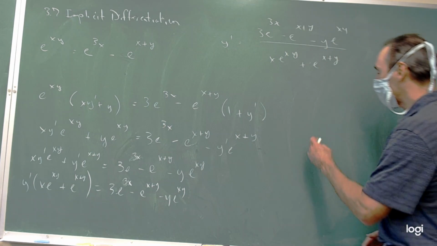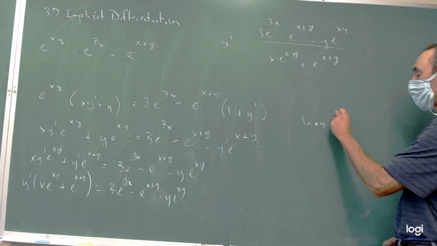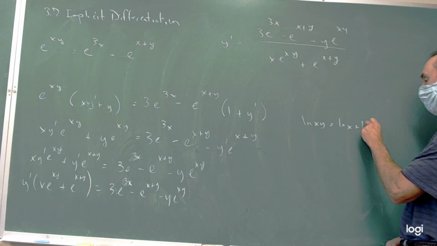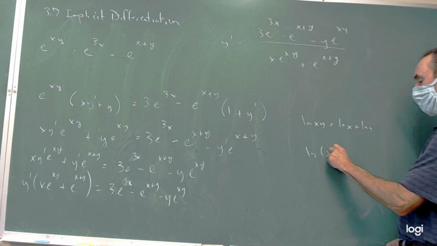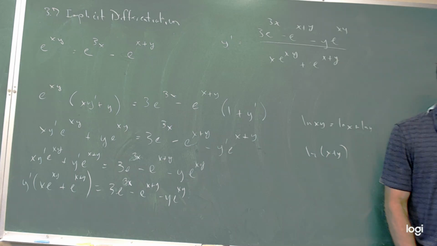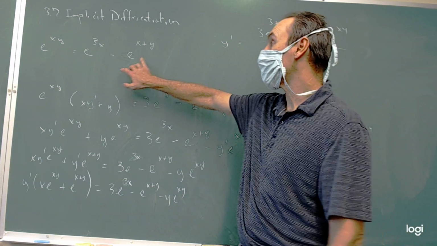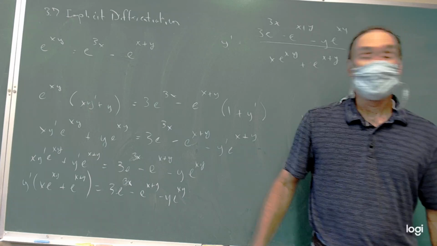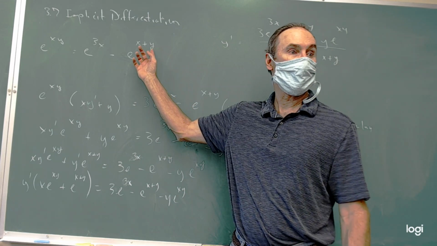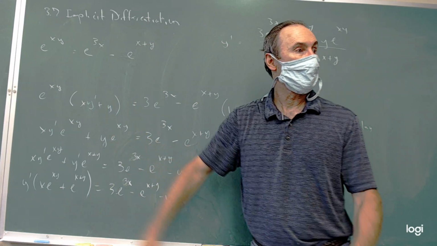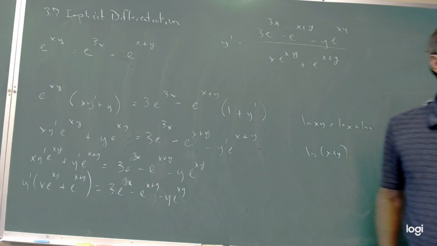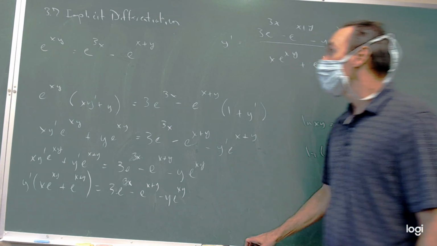Remember, the rules for logarithms work well with multiplication, but there is no property of logarithms that does anything with addition or subtraction. And so this natural log of the right side is not really going to go anywhere. And so the y that we have stuck in here, there's not a good way to try to pull that out.